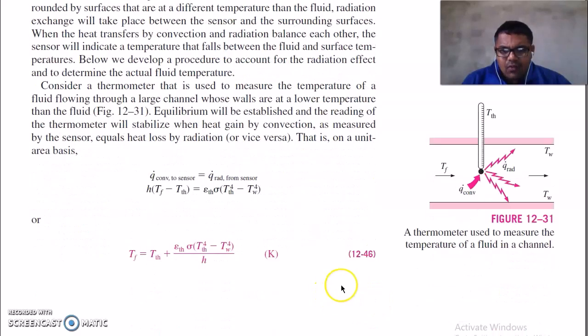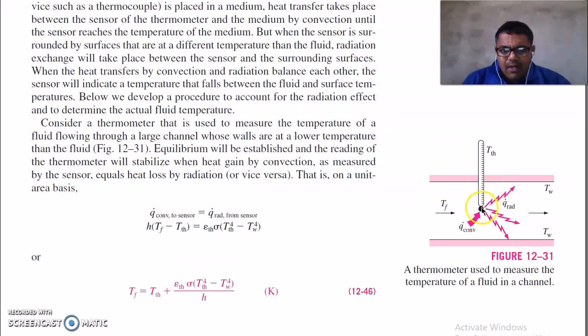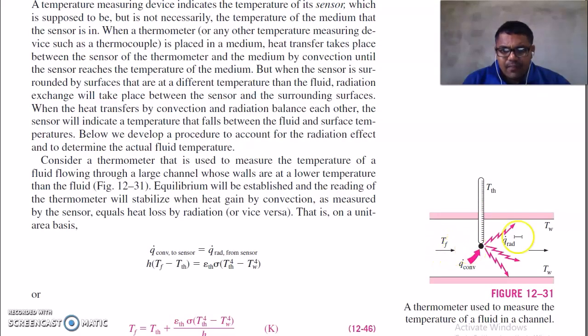Below we develop a procedure to account for the radiation effect. So the radiation effect will cause the thermometer to show a lower value as compared to the actual temperature if there is a radiation exchange with this surface, or it can show a higher value if this surface is at a higher temperature than the fluid. You can say temperature of the fluid.